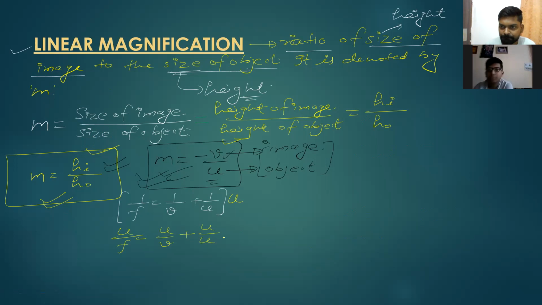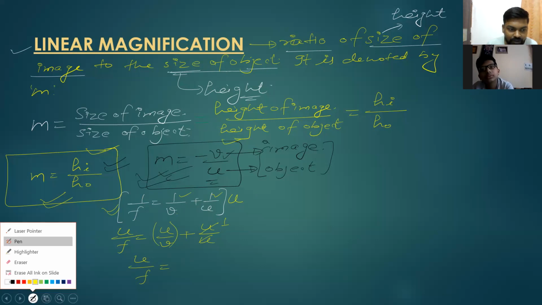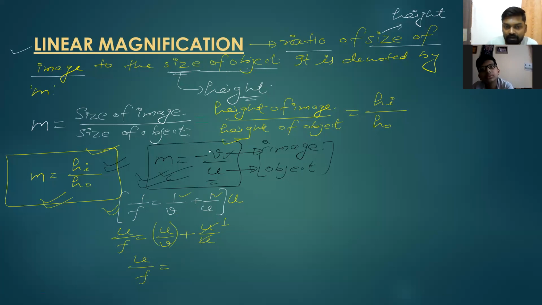Is it okay or not? We multiplied that equation by u, both sides. So it will be u upon f, u upon v, u upon u. u and u cancel out one time. So u upon f is equal to, now what about u upon v? u upon v in terms of m.